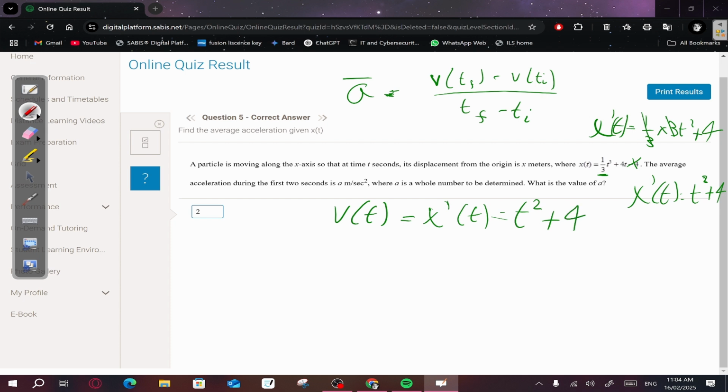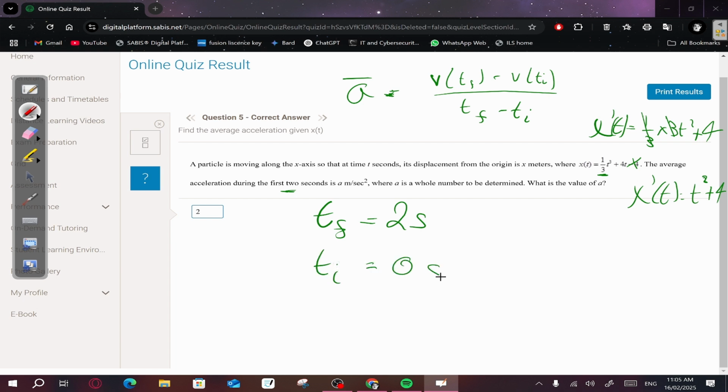Now we plug in the values. During the first 2 seconds, t final is equal to 2 seconds and t initial is 0 seconds, because they want it only during the first 2 seconds. So the time is 2 minus 0.